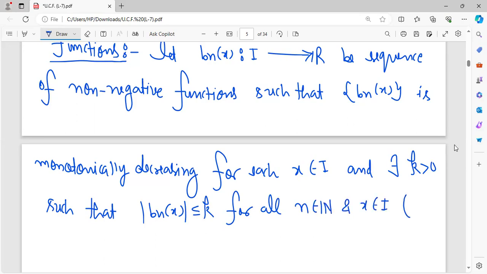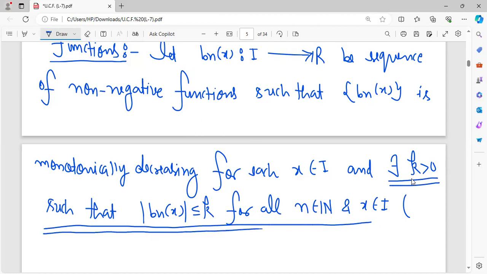Okay. What is the meaning of this? The meaning of there exists k greater than 0, up to this.